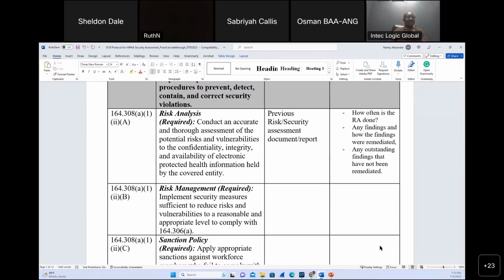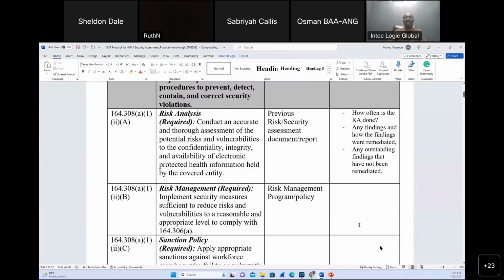Sheldon, you should answer this. Okay, Sabria's hand is up. I believe this is where the risk management program will probably be. Excellent. They need to show a statement or a document that talks about the risk management program they have in place.